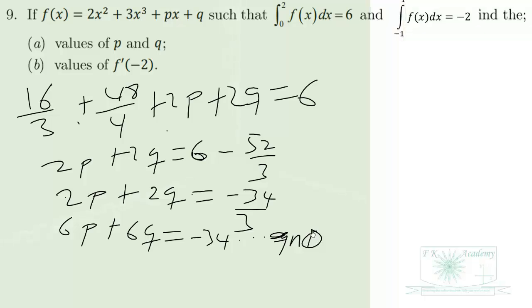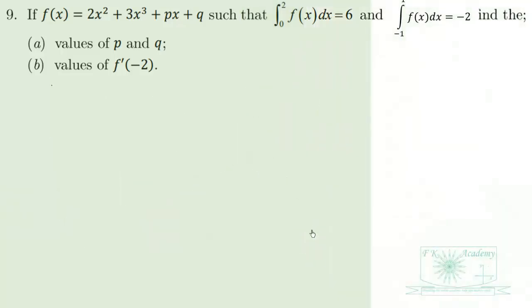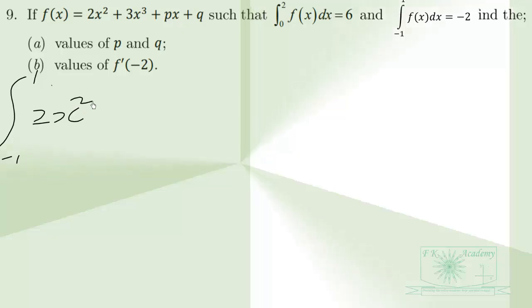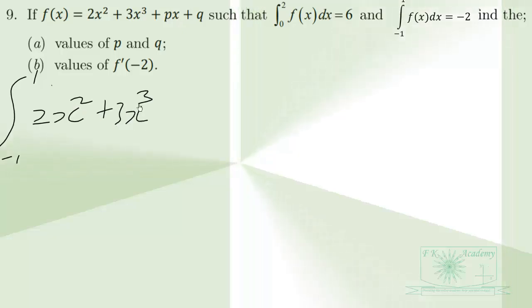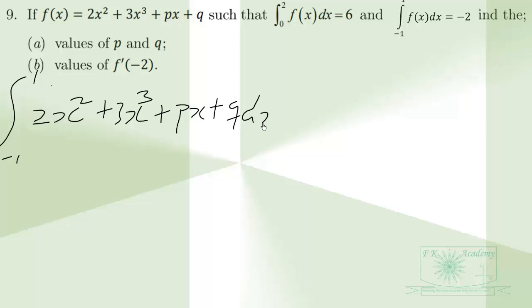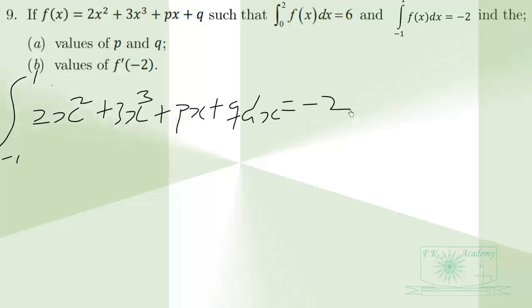Now let's do the second integral. With the second integral, we are getting the integral from negative 1 to 1 of what we already integrated, which is 2x squared plus 3x cubed plus px plus q dx, is equal to, this time, negative 2.